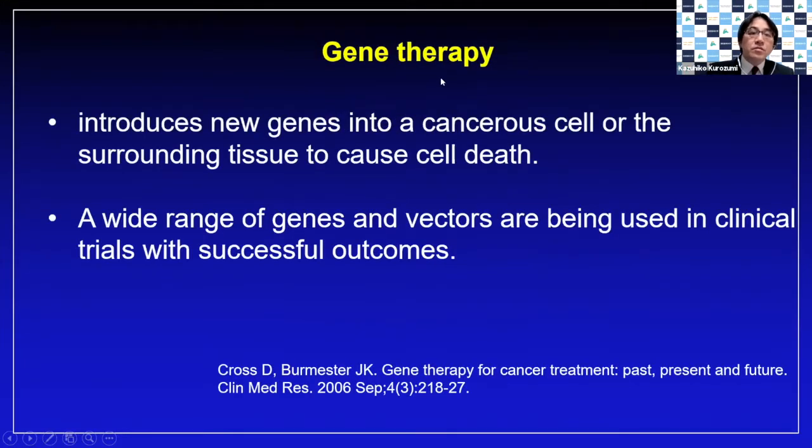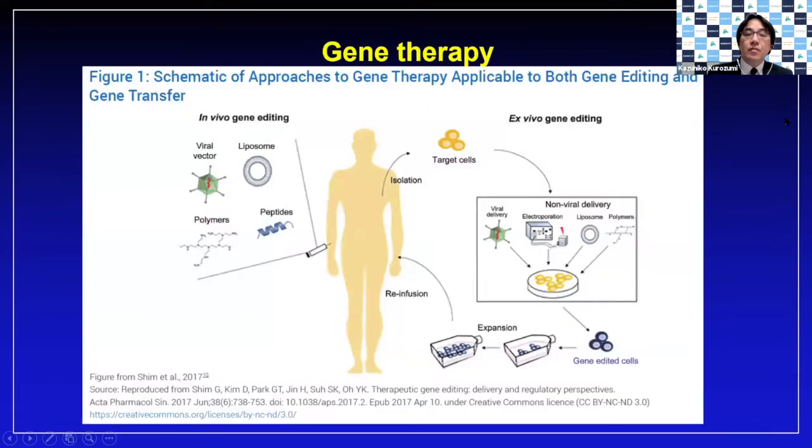Gene therapy introduces new genes into a cancerous cell or the surrounding tissue to cause cell death. A wide range of genes and vectors are being used in clinical trials with successful outcomes. This is a schematic of approaches to gene therapy, applicable to both gene editing and gene transfer.